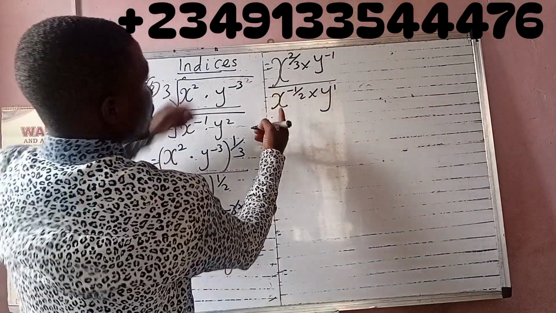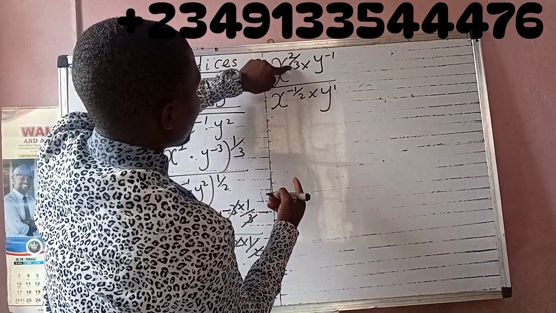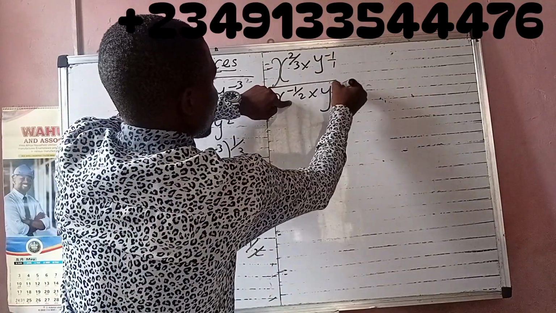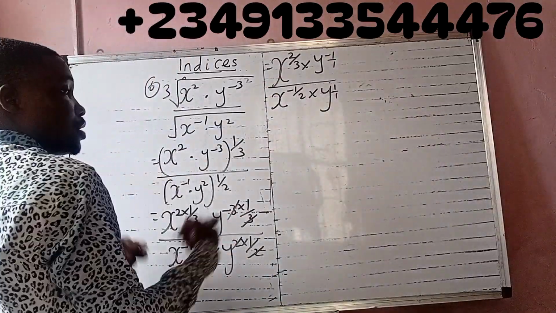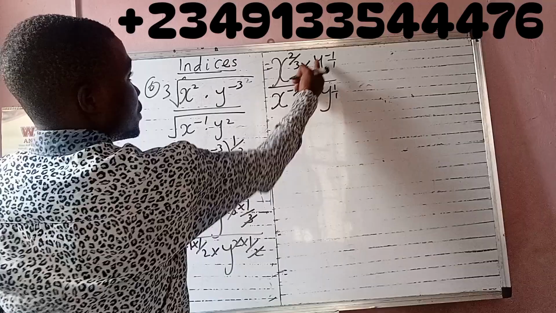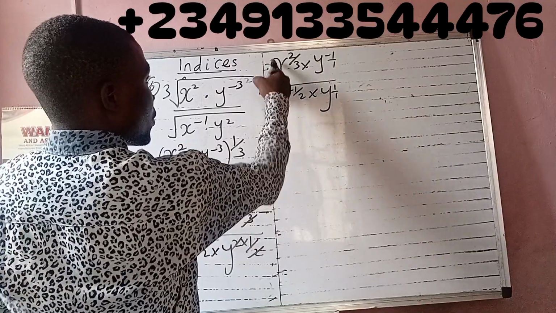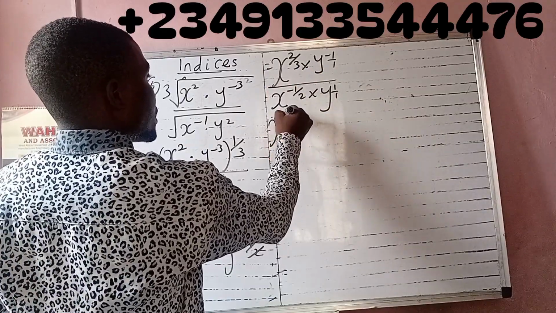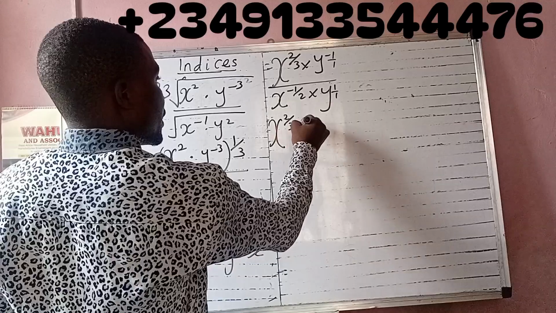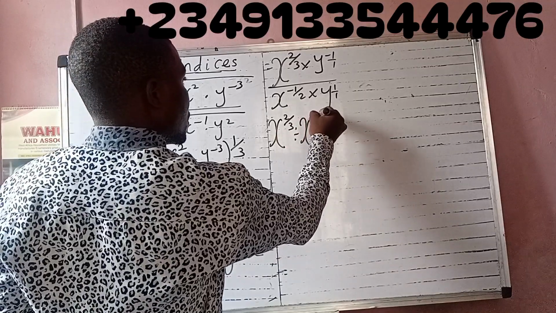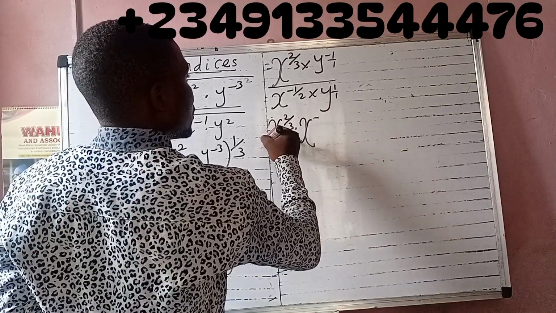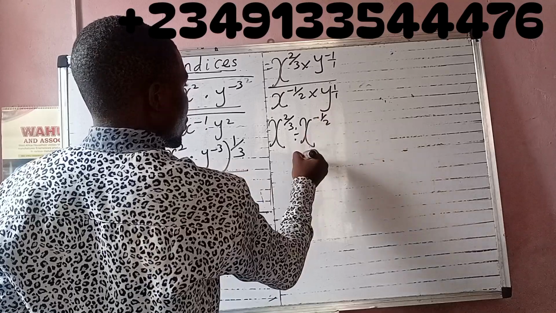So see now, 2 over 3 in fraction, something in fraction, so to make it balance. Now, division law of indices is dividing. So let's just pick one out of the base. We are picking x. We are saying x to the power 2 over 3 divided by x to the power minus 1 over 2.